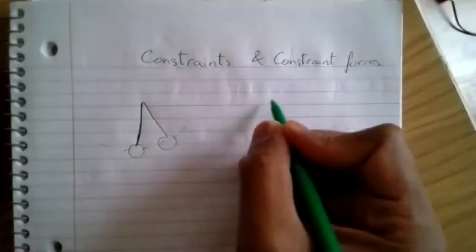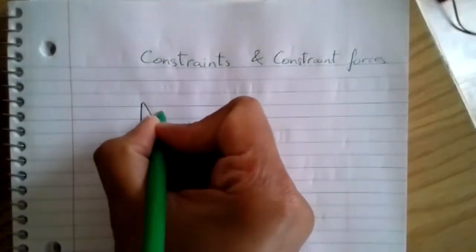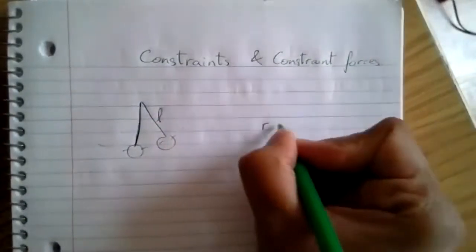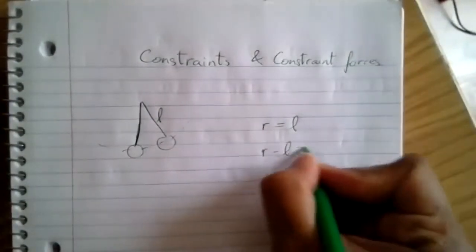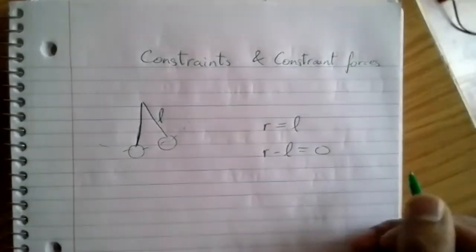So we have this constraint that if this is some length L, then the constraint is R equals L. Or we could write that as R minus L equals 0. That's a very simple constraint.